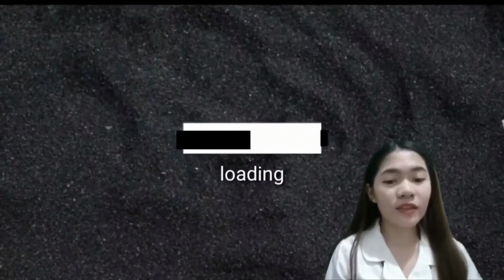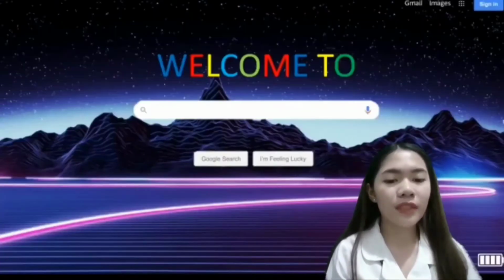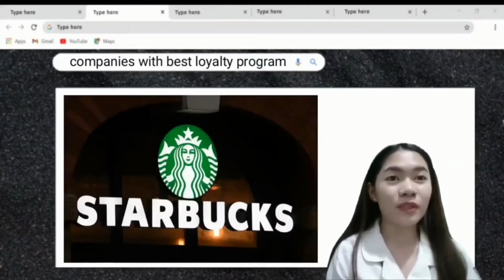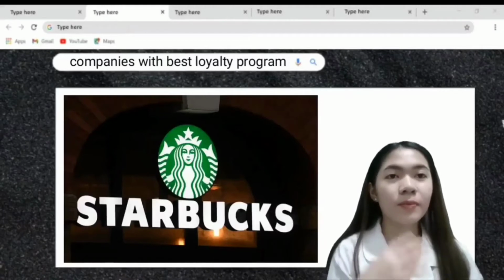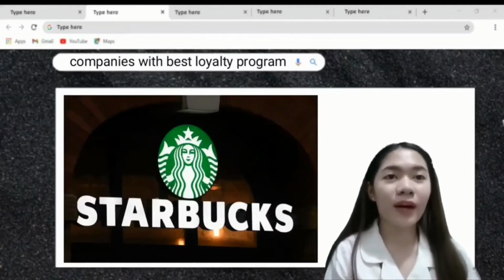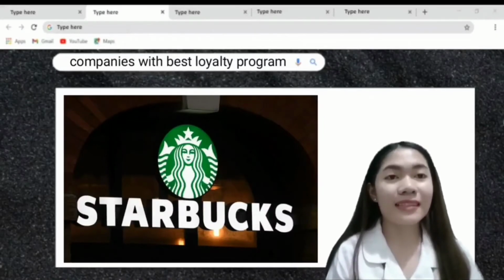To further understand what customer loyalty is, let me give you an example. One of the companies that has the greatest customer loyalty program is Starbucks. We are all familiar with this because maybe some of you, not all of us, buy your coffee from Starbucks. The Starbucks brand is iconic.